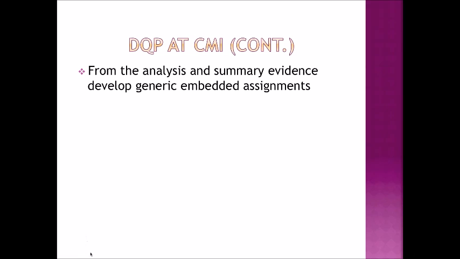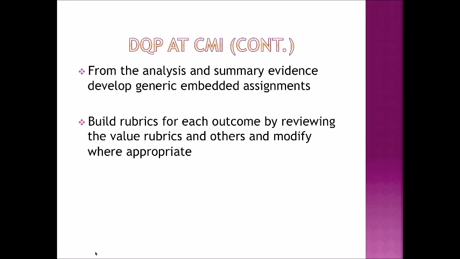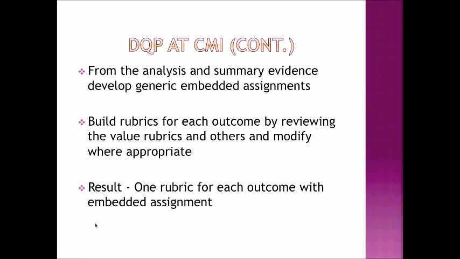We built rubrics for each outcome by reviewing the VALUE rubrics and others to modify where appropriate. All of this was done by the faculty. The result was one rubric for each outcome, and each outcome complete with a description of a possible embedded assignment.